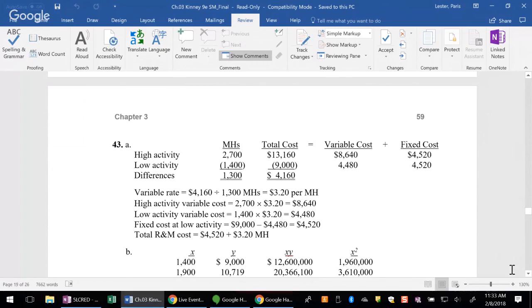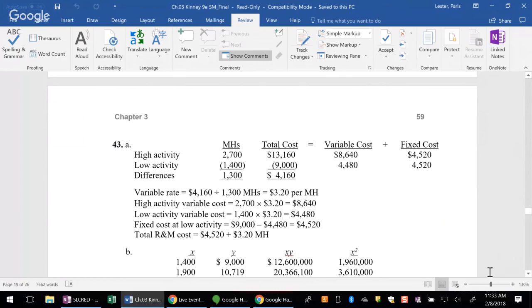The difference is 4,160. Divide and get 320. I think we had this in the previous homework assignments. It was due today, but it was also due on Tuesday.